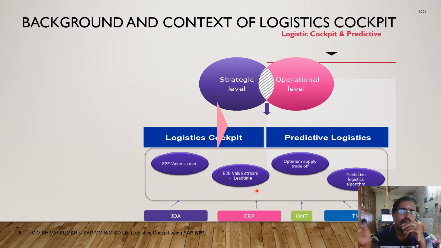So all this transport analytics or lead times can be improved, right? These two comprise the logistic cockpit design, which supports the end-to-end value stream and end-to-end value stream lead times. These are the KPI lead times to be considered in case of logistic cockpit design.